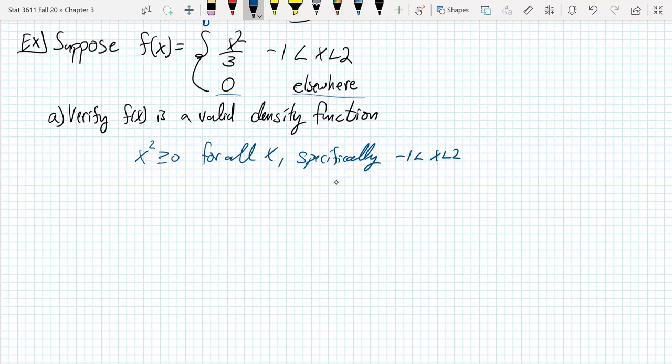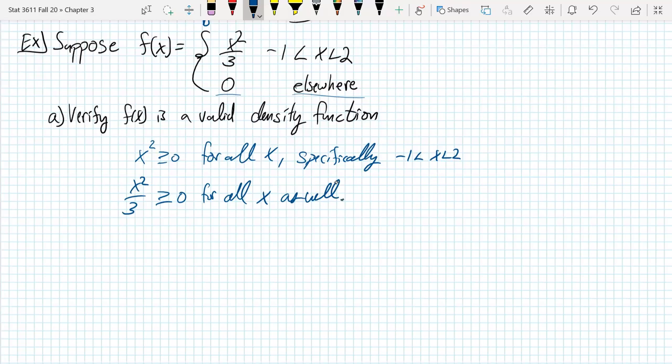You square a positive, you get a positive. Dividing by 3 is not going to change the sign. So x squared over 3 is greater than or equal to 0 for all x as well, okay?